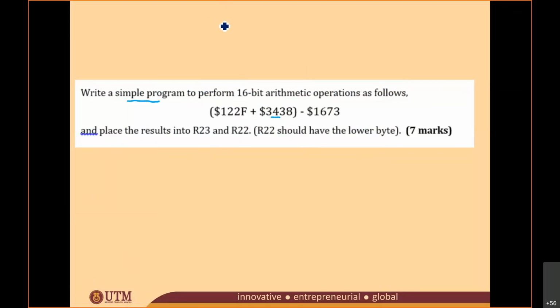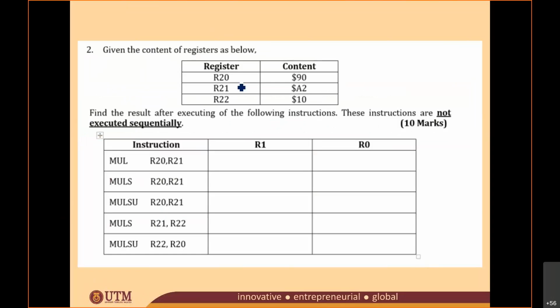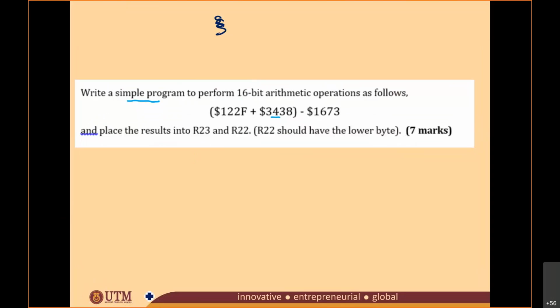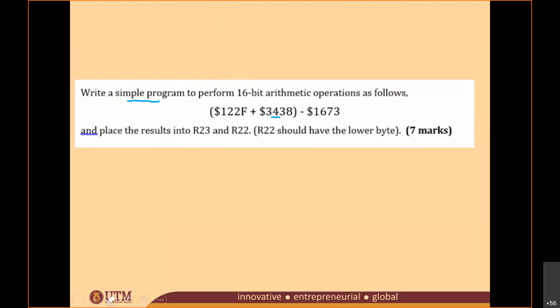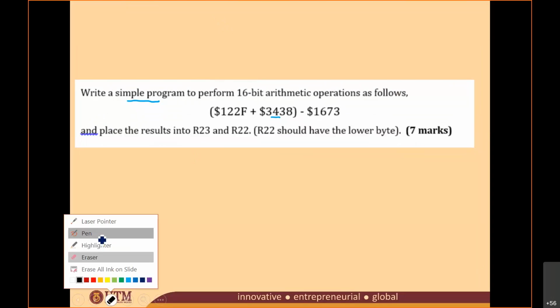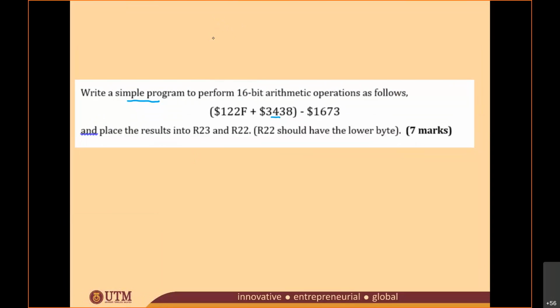Okay, so this is 0x122F plus 0x3438, and then put the result to... Since this is a 60-bit number, it is divided into low and high.